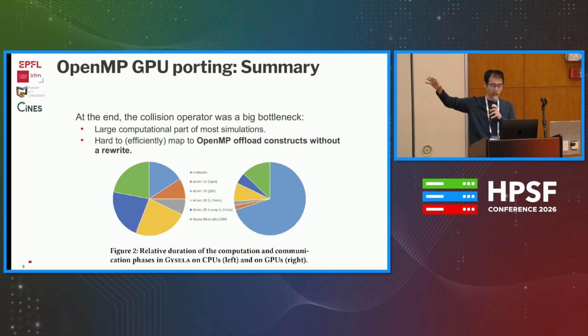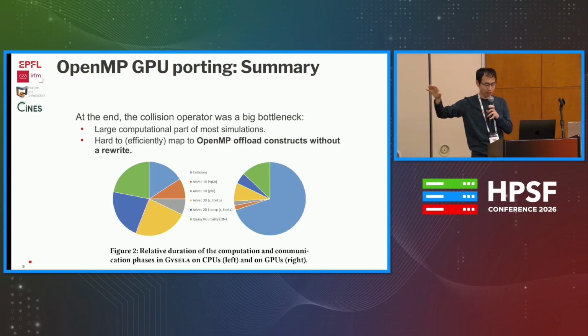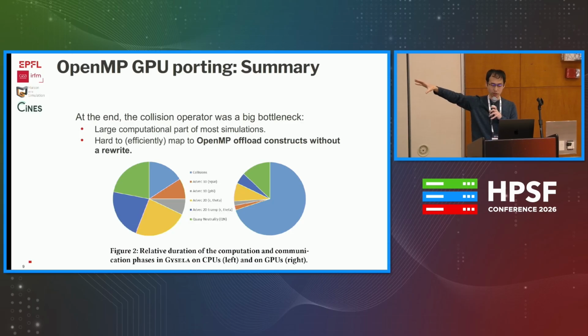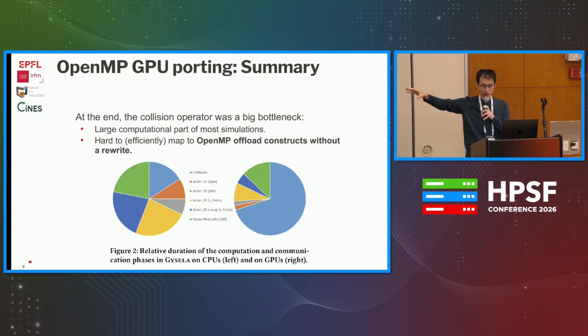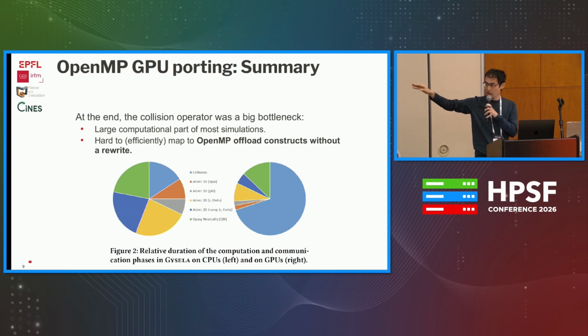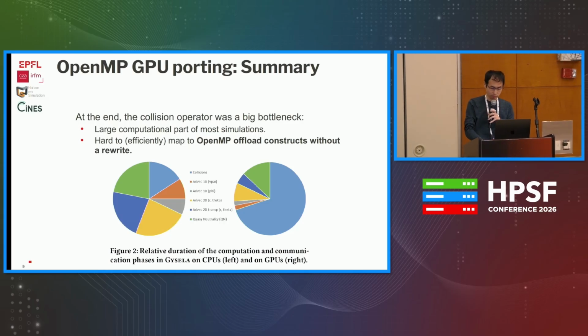The right pie chart shows the GPU version, where the yellow part is still heavy, but in the end the heaviest part becomes the collision kernel. We identified that optimizing this part is quite difficult with OpenMP target alone. That is the reason why we tried to port this particular part with Kokkos to get acceleration.